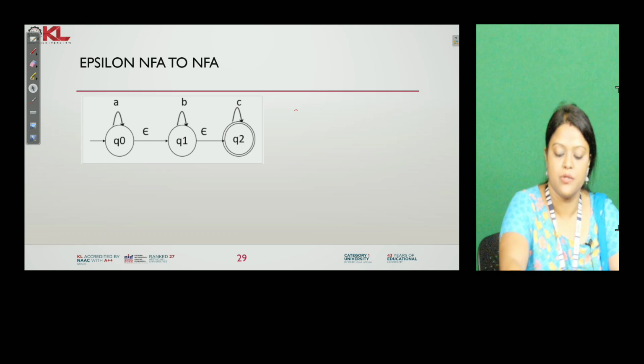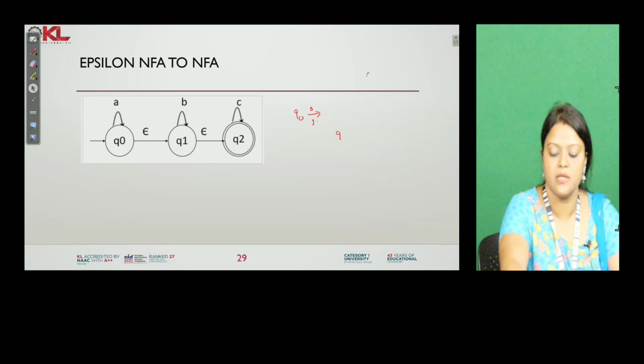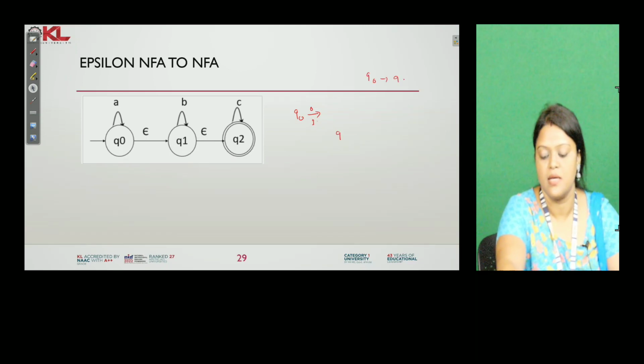Suppose for Q0 we can go with 0 and 1. We have seen Q0 having epsilon closure Q0, Q1 and Q2. We can mention here Q1 as Q1 and Q2, and Q2 as Q2 only.